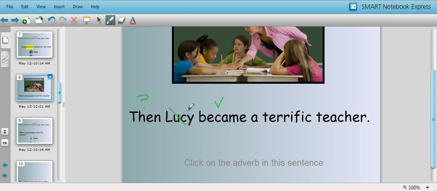No. A, does that tell us how, when, or where? No. Terrific, does that tell us how, when, or where? Teacher, does that tell us how, when, or where? No. So then we go back to this first one, then. Does that tell us how, when, or where? Yes, it does. Then is our adverb.